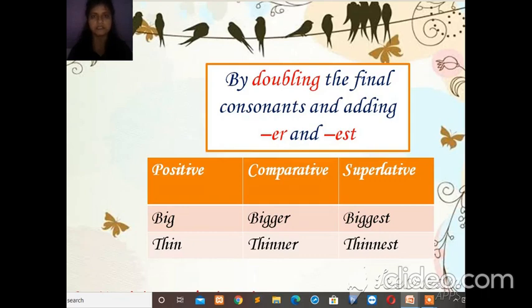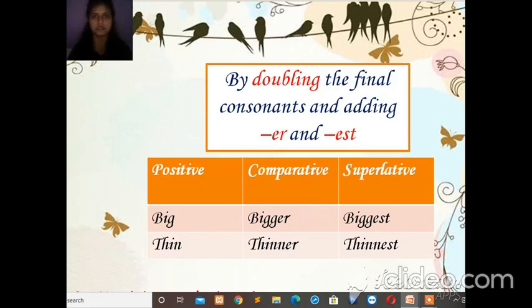Next is by doubling the final consonant and adding er and est. Big is the normal adjective which shows positive. Bigger is comparative, and biggest is superlative.